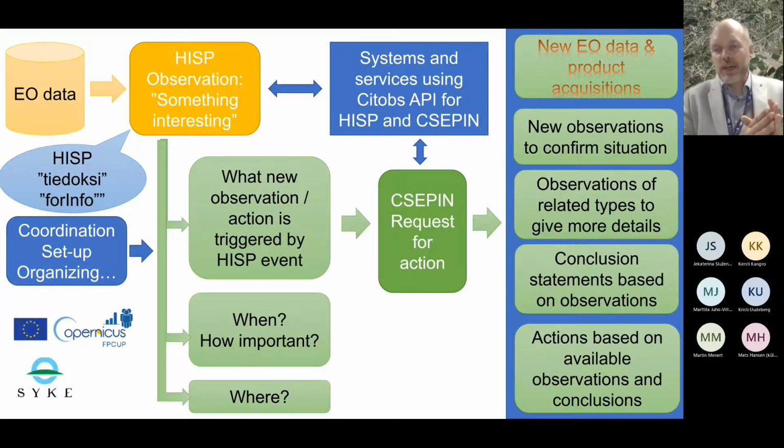Or if there's an action on the site, for example, that somebody has made a renovation on the flow of water to a water body. So then the follow-up actions would be to see if that has impacts on water quality currently or in the long run.